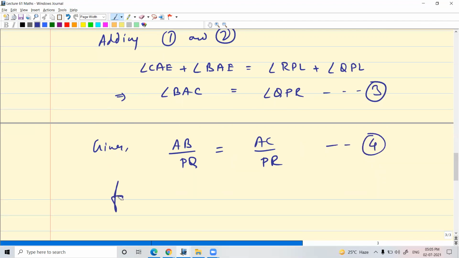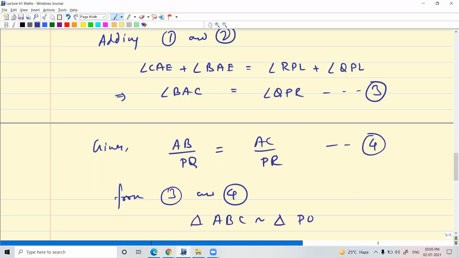So from 3 and 4, triangle ABC is similar to triangle PQR by SAS.